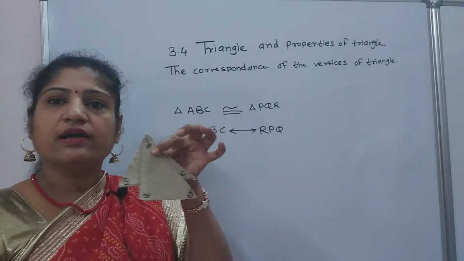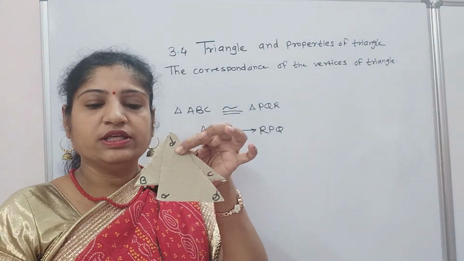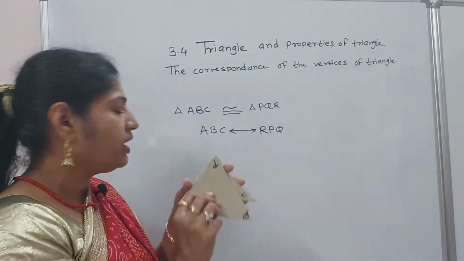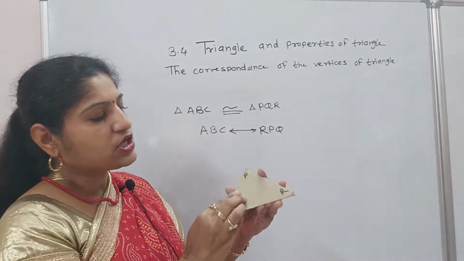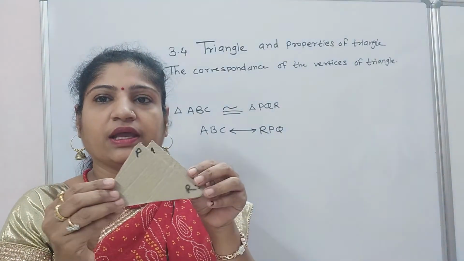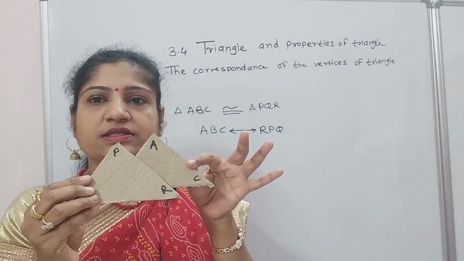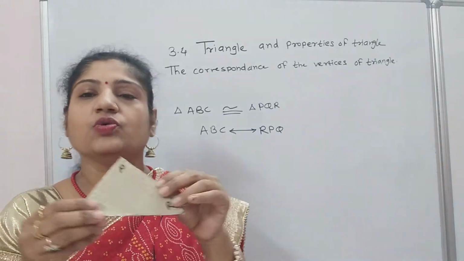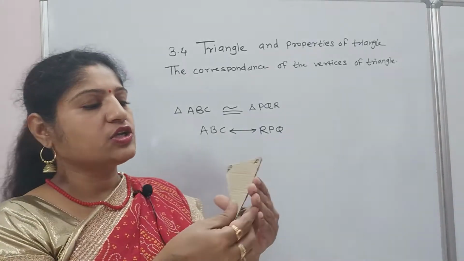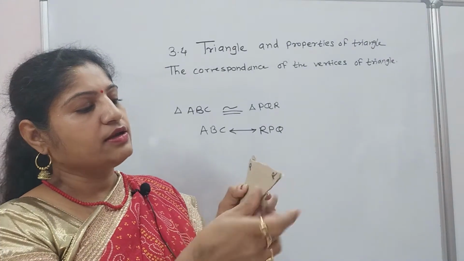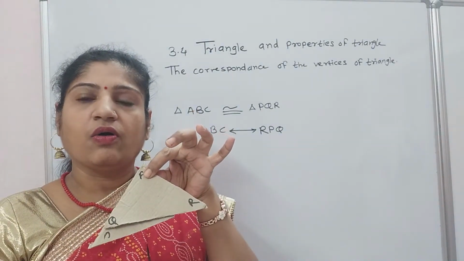Are these two triangles congruent? No. These two triangles are congruent only when there is this correspondence: A, P, C, R, and B, Q. When we change the correspondence, these two triangles cannot be congruent to each other.